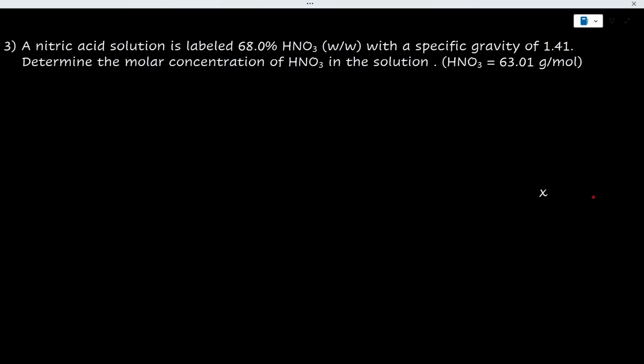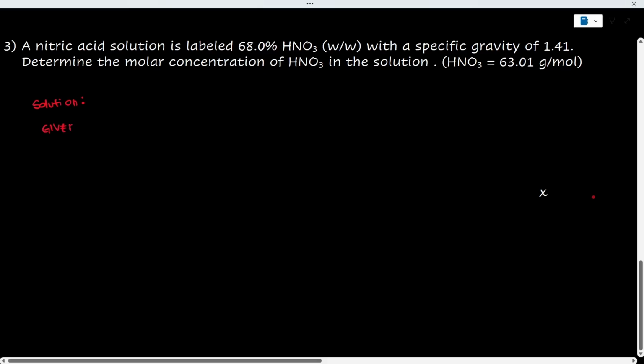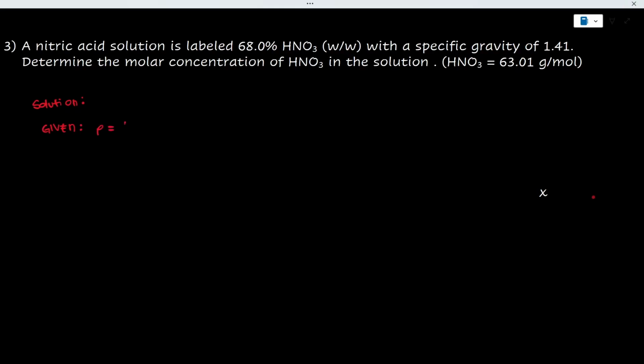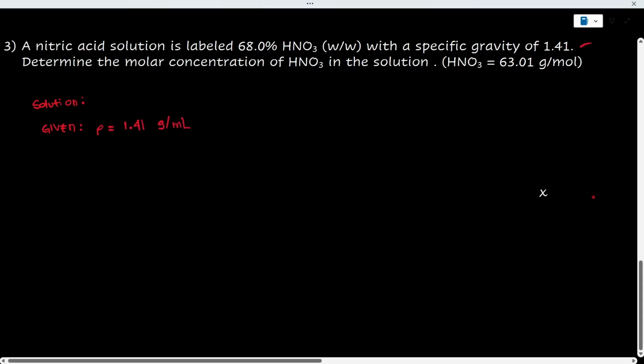Okay, so let's start the solution. What we were given first is the density, which is 1.421 gram per ml, from the specific gravity. And then we have the mass percent, right?